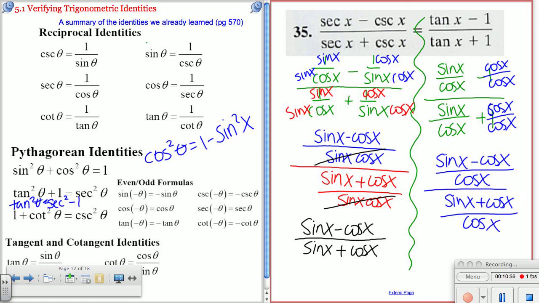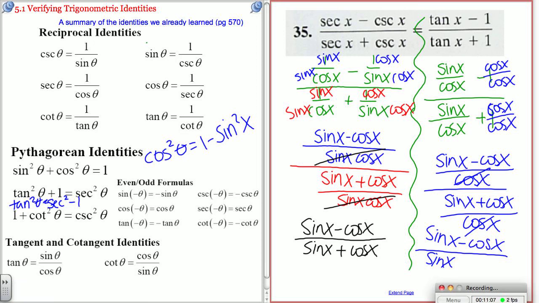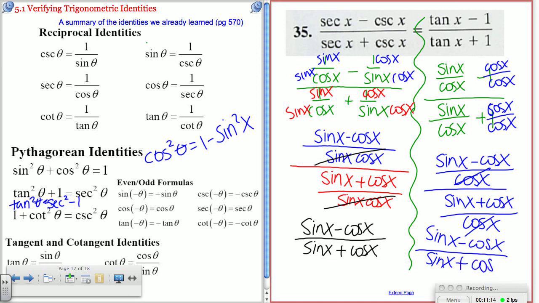Those common denominators are going to cancel, and I'm left with sine x minus cosine x over sine x plus cosine x. You can see our left side and our right side are equal. So this is a different way to verify these identities.